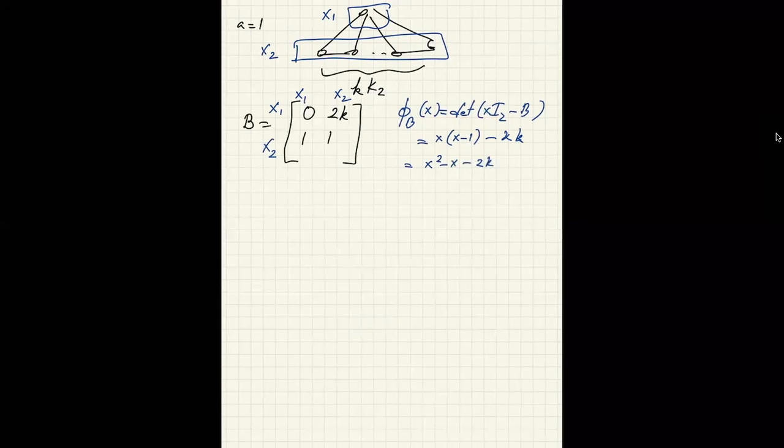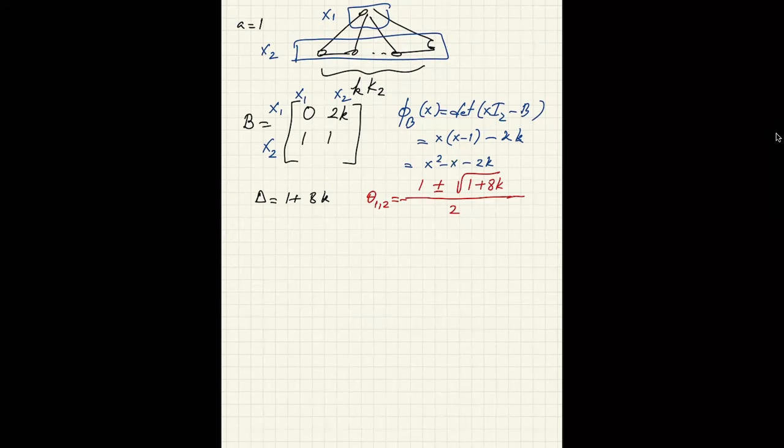The discriminant is 1 plus 8k, and we will get two eigenvalues. Let me write them in red. Theta 1, theta 2, equal 1 plus or minus the square root of 1 plus 8k, divided by 2.